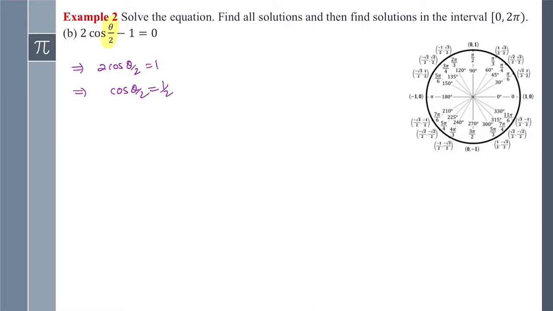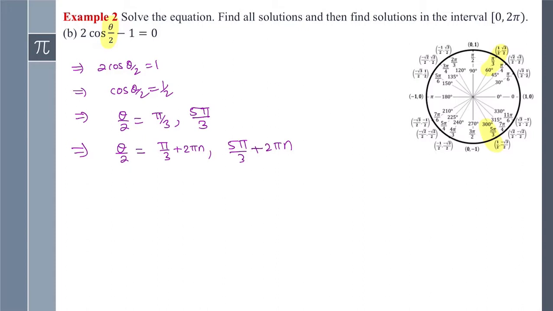So we know that cosine is 1 half at pi over 3 and 5 pi over 3. Which means we get theta over 2 equals pi over 3 and then 5 pi over 3. So let's go ahead and write all the solutions. So theta over 2 equals pi over 3 plus 2 pi n and then 5 pi over 3 plus 2 pi n.